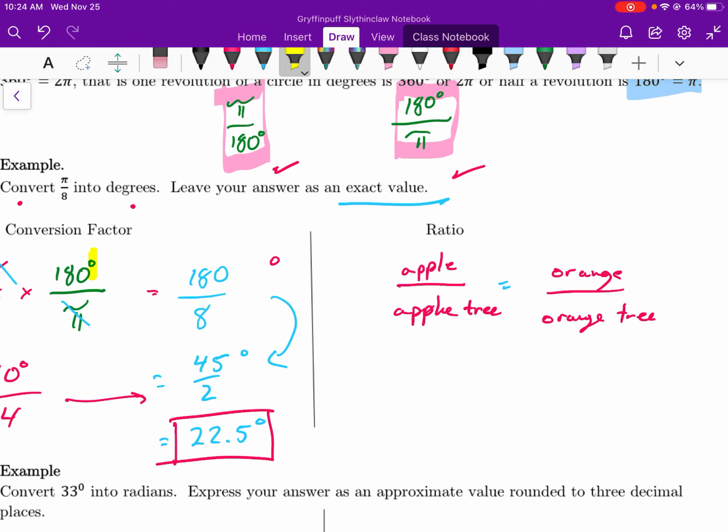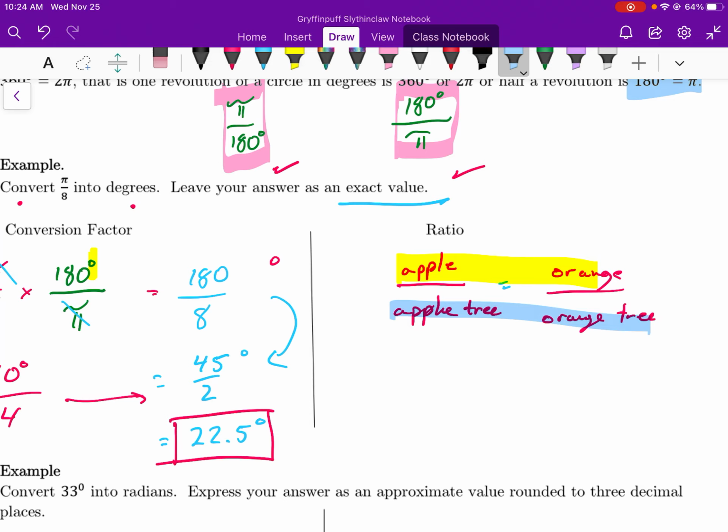That is, in the numerator, what do you notice? Well, in the numerator, we're talking about fruit. So those are common things. Now, in the bottom, we're actually talking about the trees.